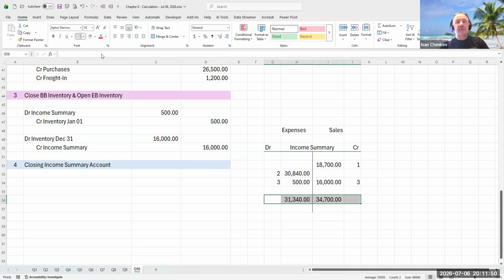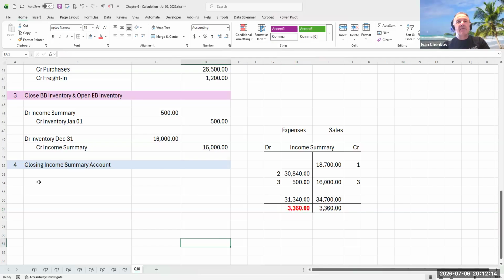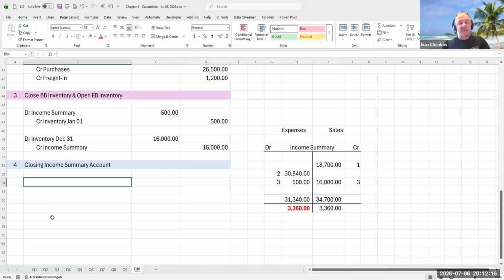After we do the calculation, the balance is going to be this one minus this one. The balance is going to be 3,360 credit. How can I close it? By debiting the same amount. And now I'm going to highlight it in red so you do not miss it. So let's close it.